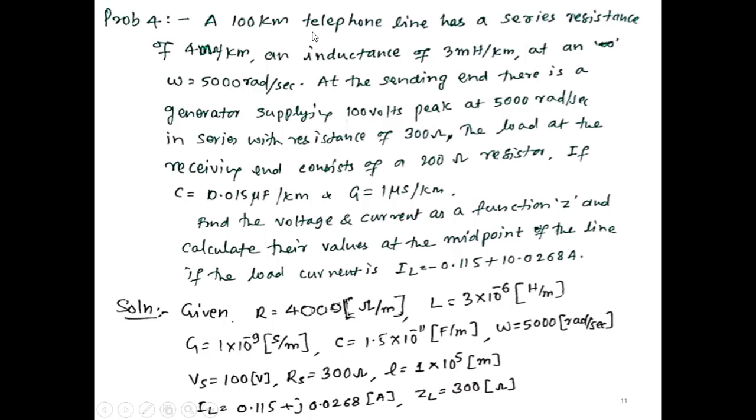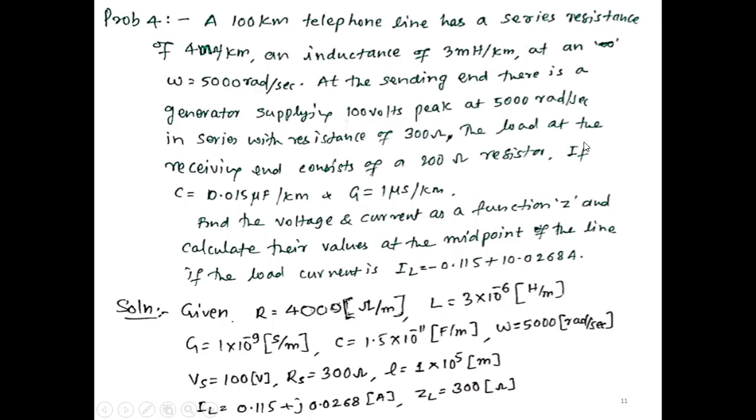Here, a 100 kilometer telephone line has a series resistance of 40 milliohm per kilometer and inductance of 3 millihenry per kilometer at omega is equal to 5000 radian per second. At the sending end there is a generator supplying 100 volts peak at 5000 radian per second in series with a resistance of 300 ohm.